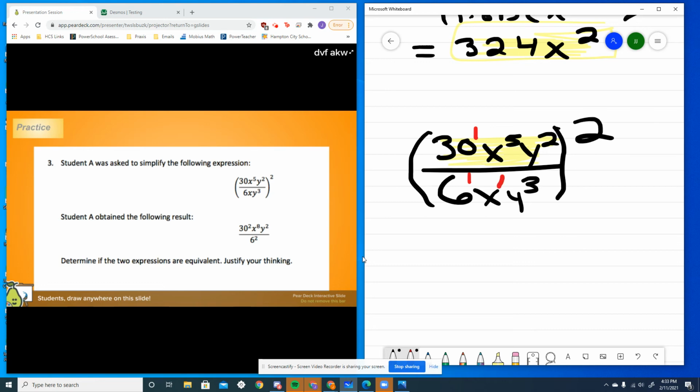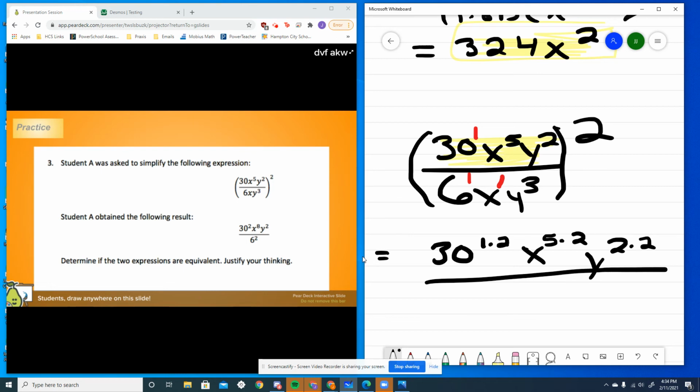So first I want to do the top half. I know I'm going to get 30 to the 1 times 2, x to the 5 times 2, and y to the 2 times 2. And then I go to the bottom half. I get 6 to the 1 times 2, x to the 1 times 2, and y to the 3 times 2.